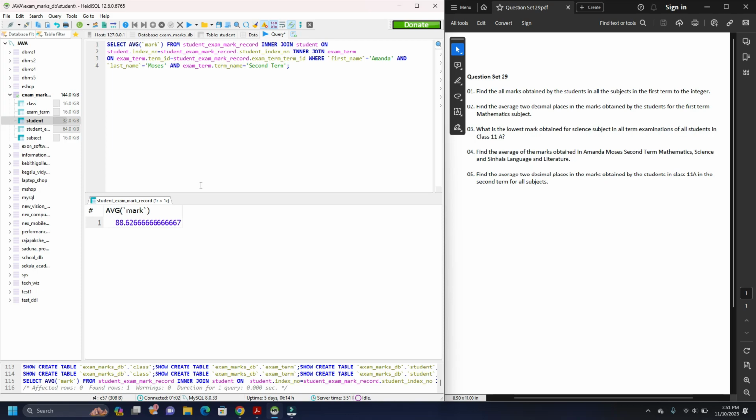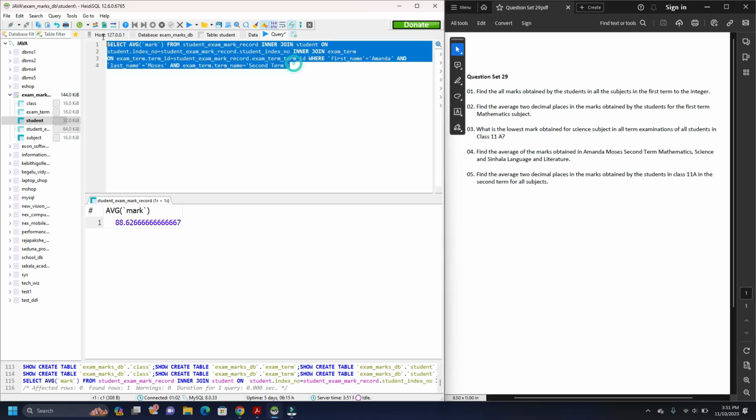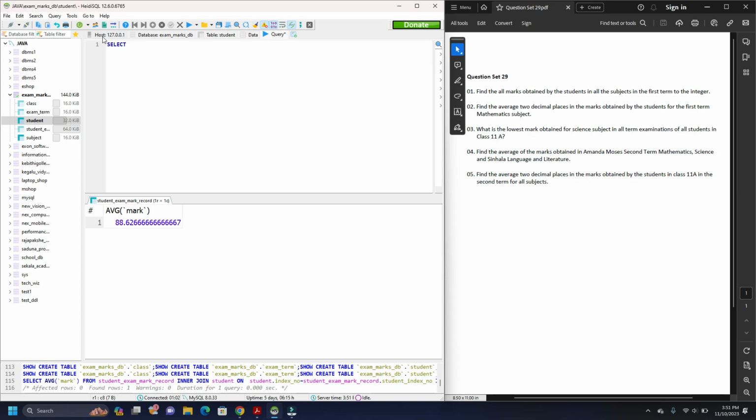And on to the fifth and last question, find the average, two decimal places, in marks obtained by students in 11A in the second term of all subjects. So we are finding the average.